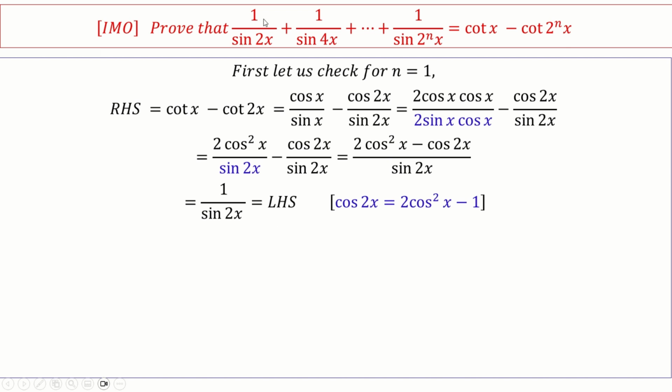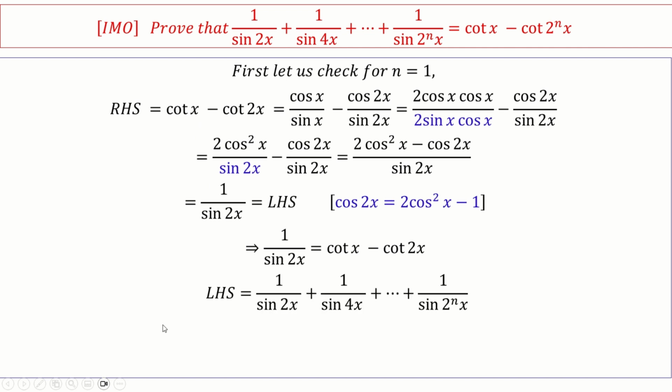This is nothing but the LHS. Correct? For n equal to 1, we proved it, and we know that 1 by sin 2x is equal to cot x minus cot 2x. Once you know this, it's very simple. The LHS is this value.